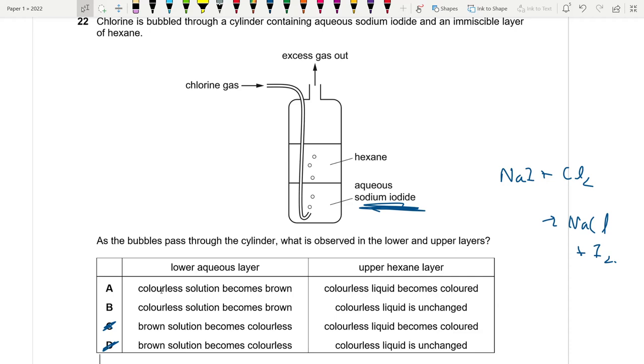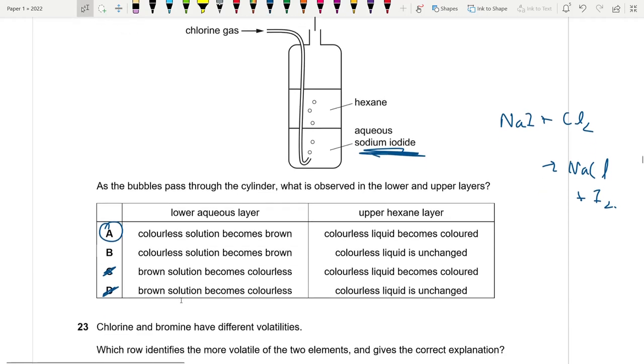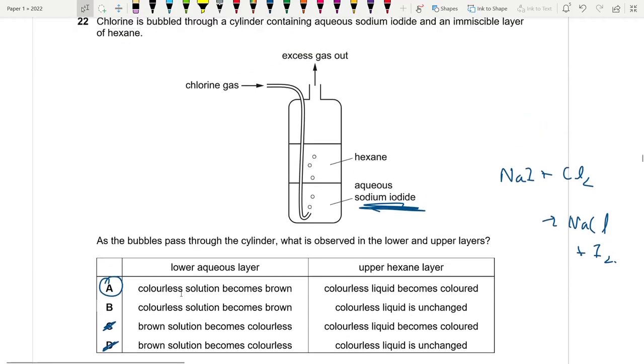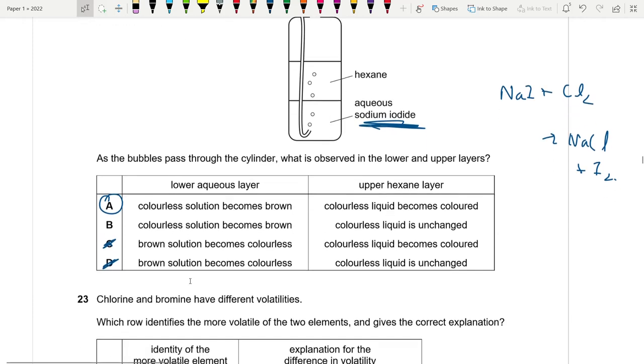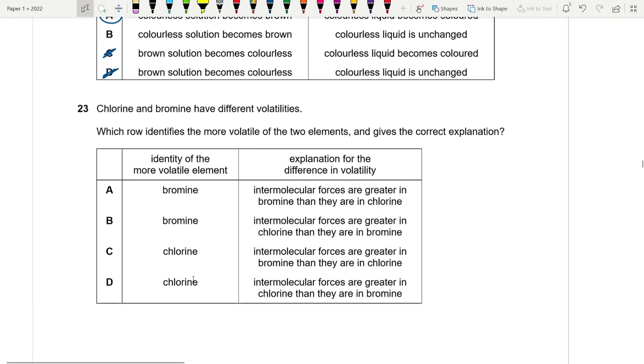We get a purple color with iodine, an orange color with bromine, and a yellow or greenish color with chlorine. So A is in fact correct. It is colorless in general, but it turns into the color of chlorine, basically pale yellow-green. So 22 is A.